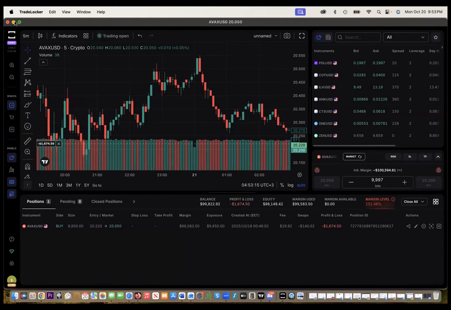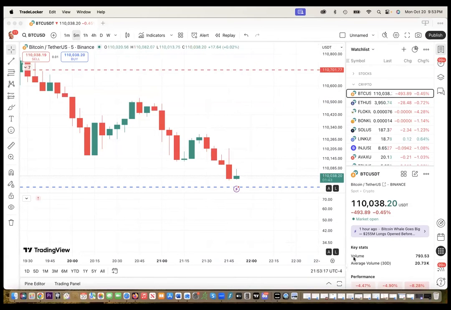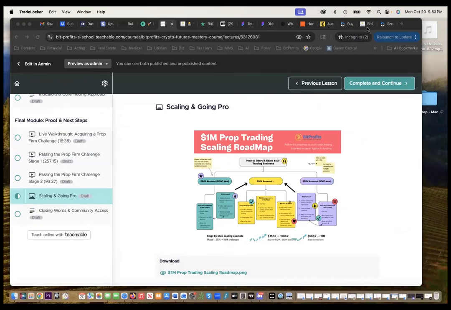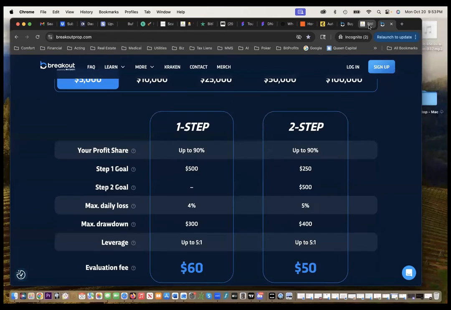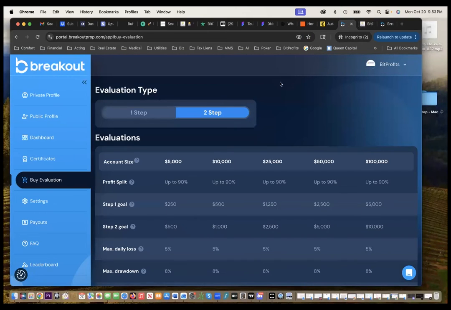But Bit Funded has an integration with Bybit. And then the other one that we're on, Breakout, has its own platform. So you don't need to worry about the broker until you find what prop firm you like.